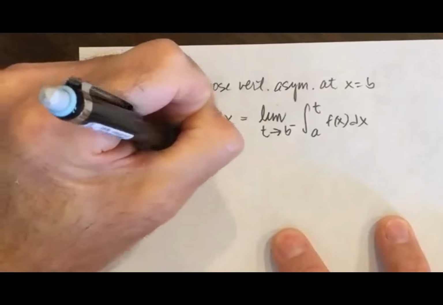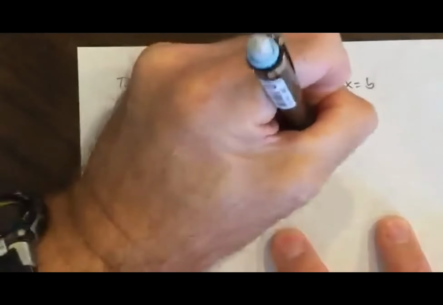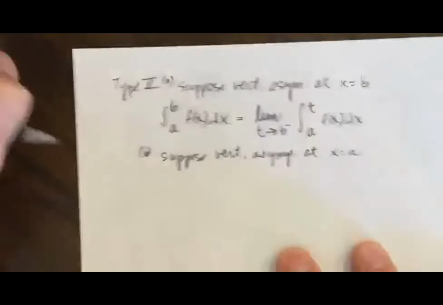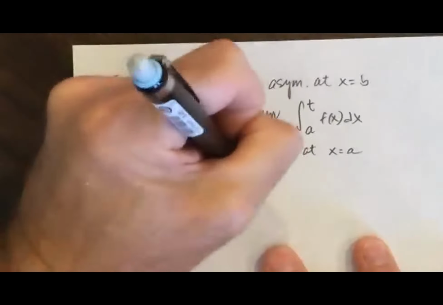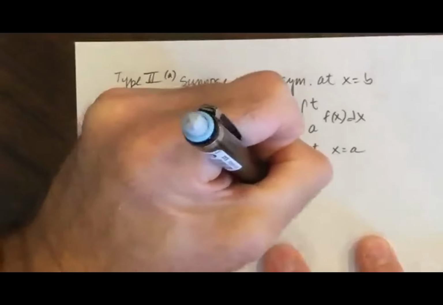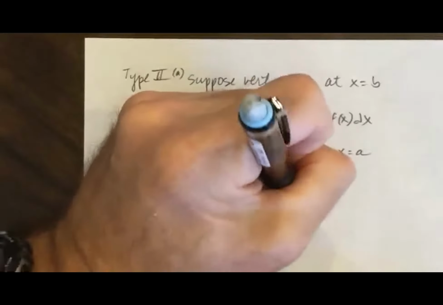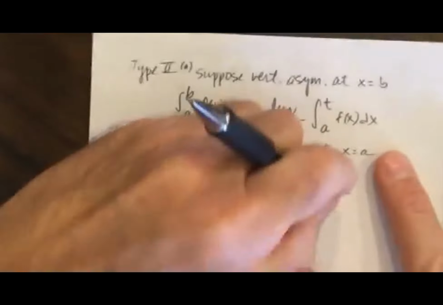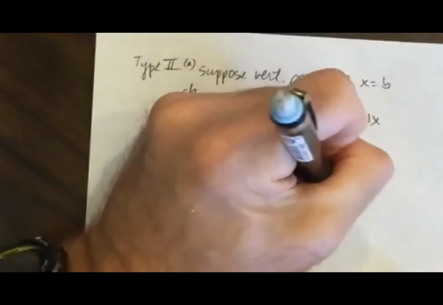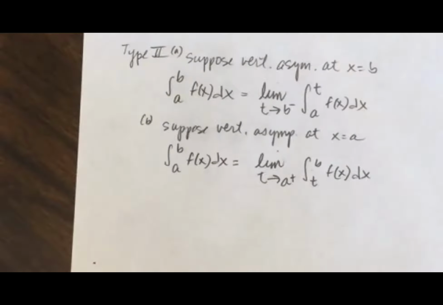Suppose a vertical asymptote at x equals A, then we'd say the integral from A to B of f of x dx is equal to the limit as t goes to A from the plus side of the integral from t to B of f of x dx. And so now we're coming down to A from above.